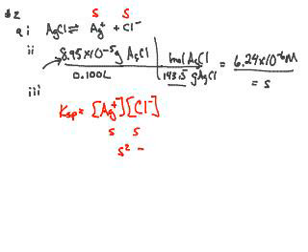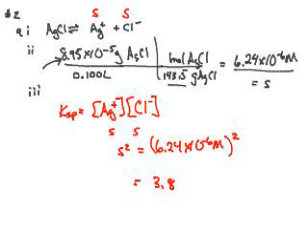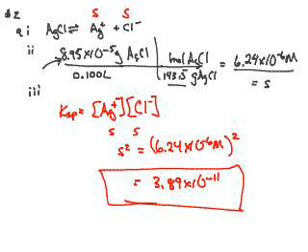With S equal to 6.24 times 10 to the minus 6 moles per liter, squared, that equals 3.89 times 10 to the minus 11. No units on KSP, or any equilibrium constant. Is that ringing bells now?